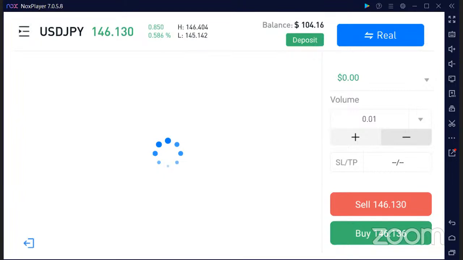You see plus $2 in front of it, which means they're adding $2 to whatever is in your balance. It's the same thing when it is a loss. It will be indicated with a minus in front of it and in red color, indicating that you are making a loss. So that is how to know if you are making a profit or a loss.